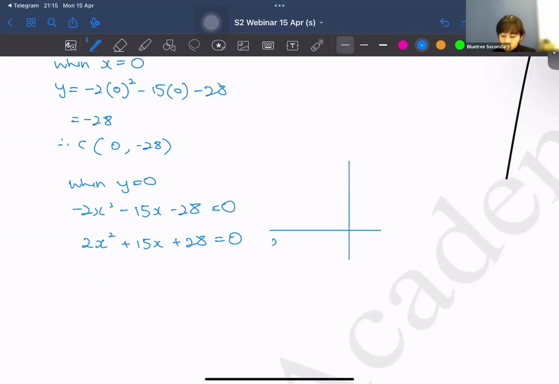So I'm going to do my cross factorization. Again, very straightforward. Your 2x squared is just going to separate into the factors 2x and x. But your 28 has more than two factors. So list down what are your factors of 28.